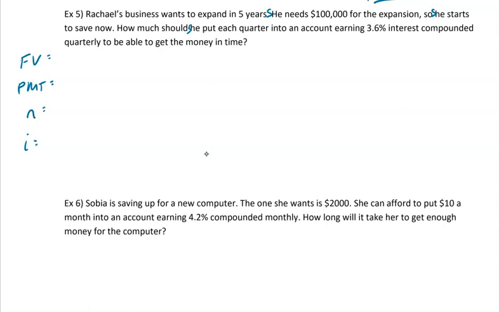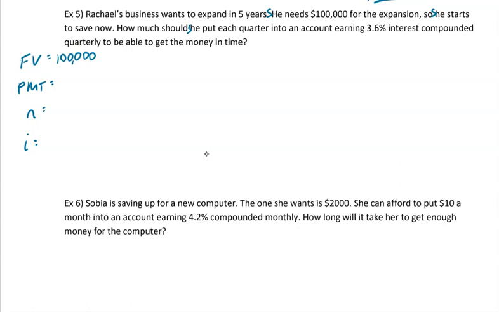All right, so FV is how much is going to be in there at the end. In this case, we know how much she wants at the end. At the end, she wants $100,000. All right. Payment. That's the part we don't know. Because we're trying to figure out how much should she put each quarter into an account earning that percentage.